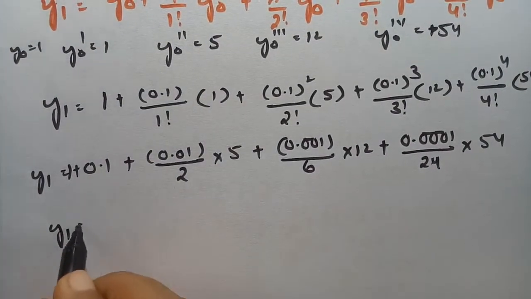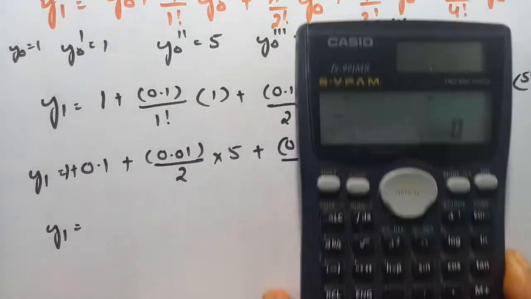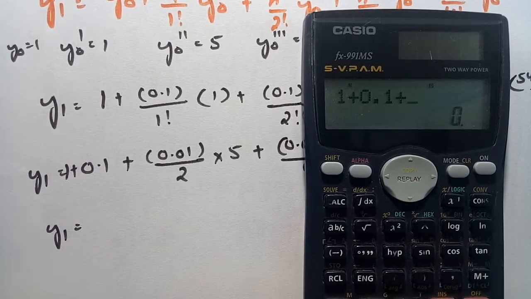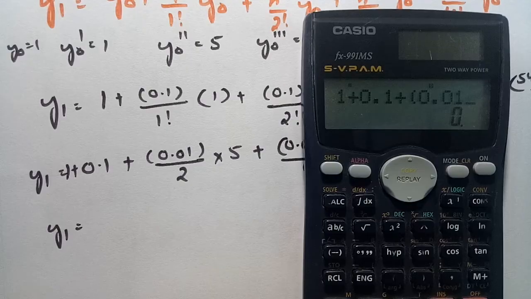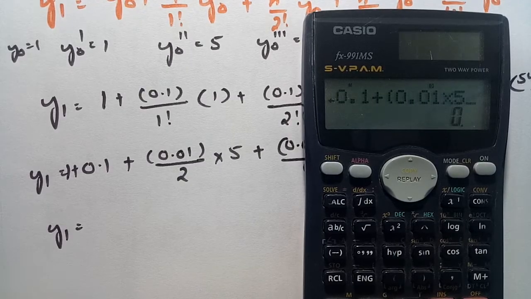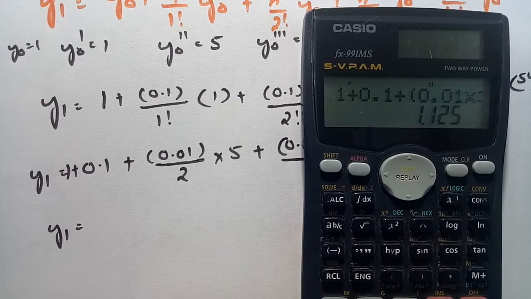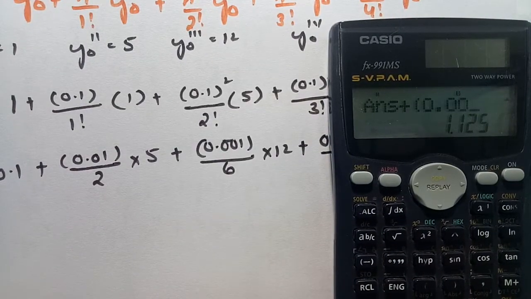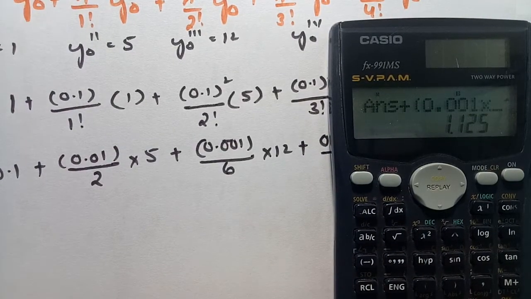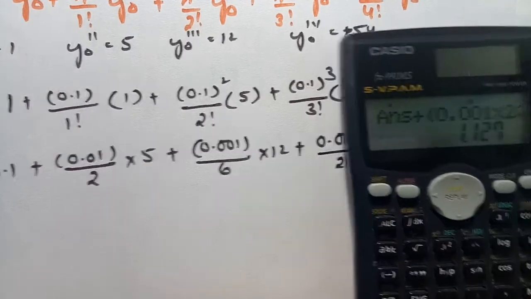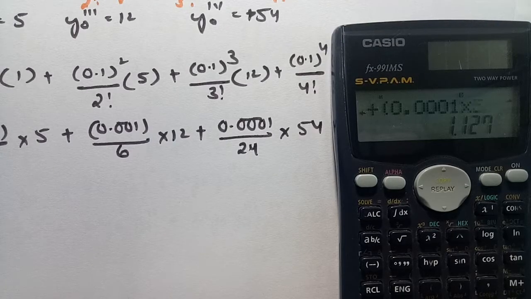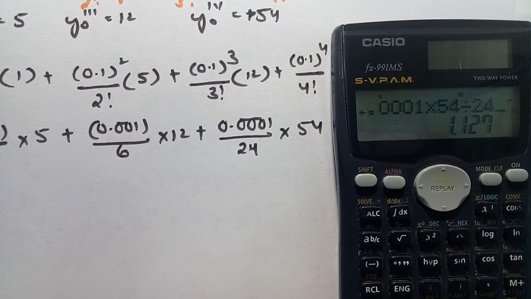So our y1 value is 1 plus 0.1 plus 0.01 into 5 divided by 2, plus 0.001 into 2, plus 0.0001 into 54 divided by 24.